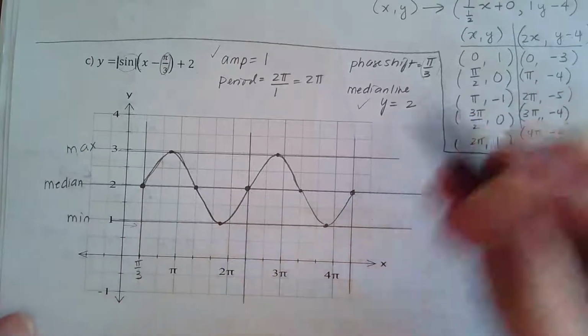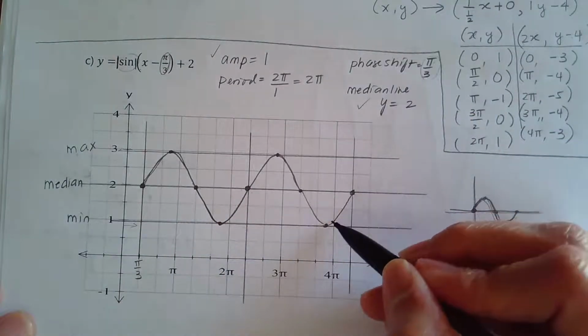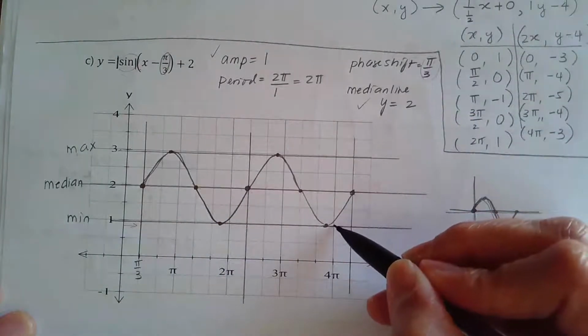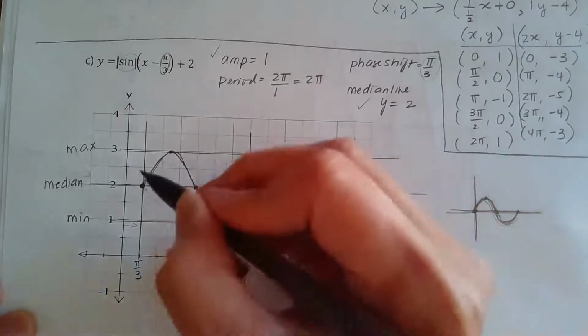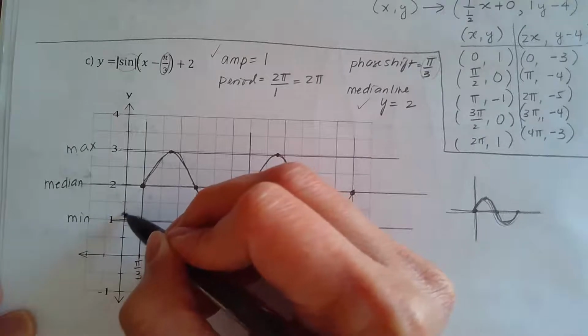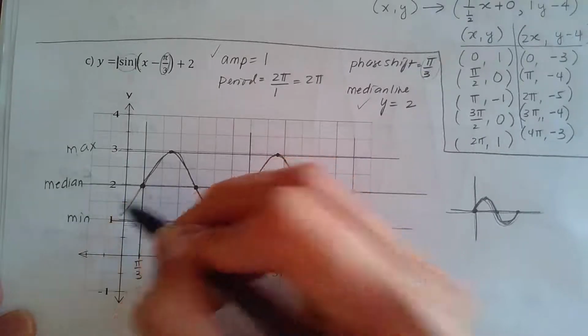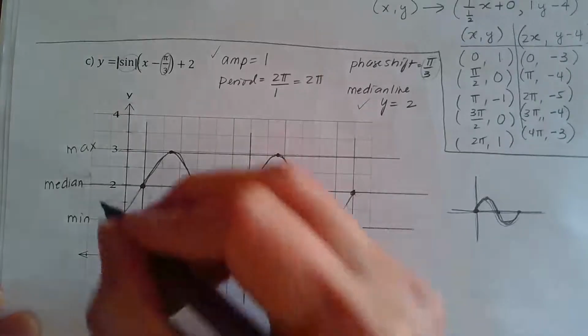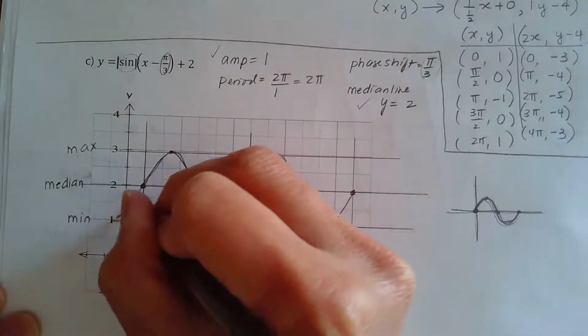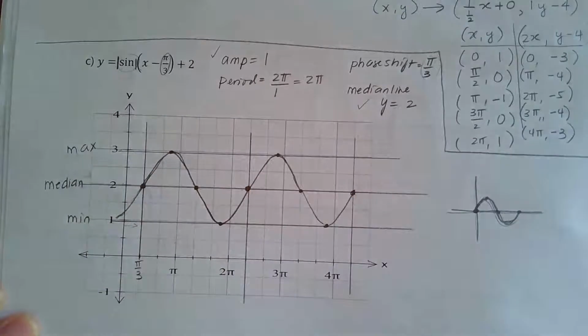Now, as you can see here, we've passed the 4 pi. So over here, this is just going to be like that. Okay, so just kind of finish it off right there.